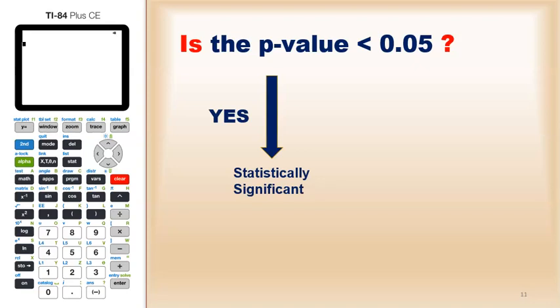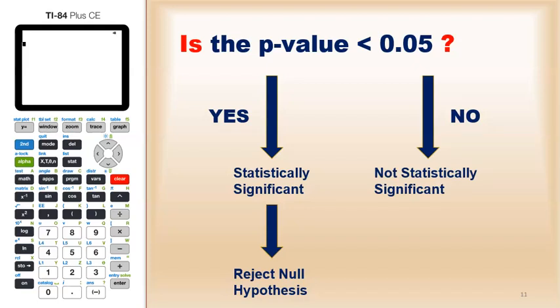That means that random chance is not the likely explanation, and we will reject the null hypothesis. If the p-value is not less than 0.05, so if it's more than 0.05, then it's not statistically significant, and we'll fail to reject the null hypothesis.